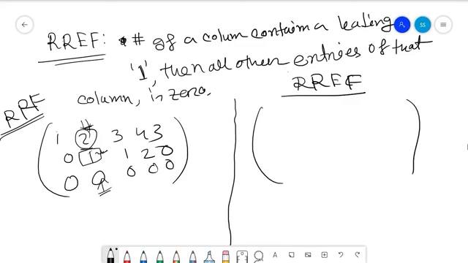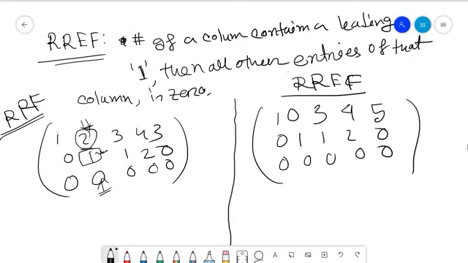We want to have, let's say, a 5 cross 3 matrix, and we write the entries as 1 0 3 4 and 5. Let's write 1 0 1 1 2 0, and the third row is simply 0. You can see that this satisfies all the properties satisfied by this one, but it has some extra feature.